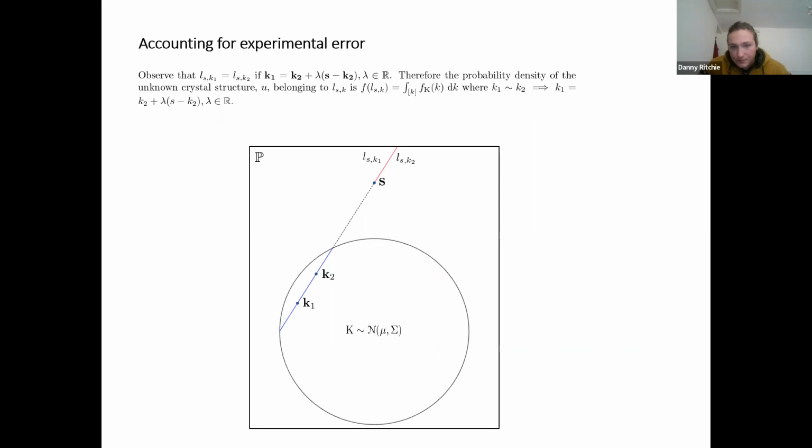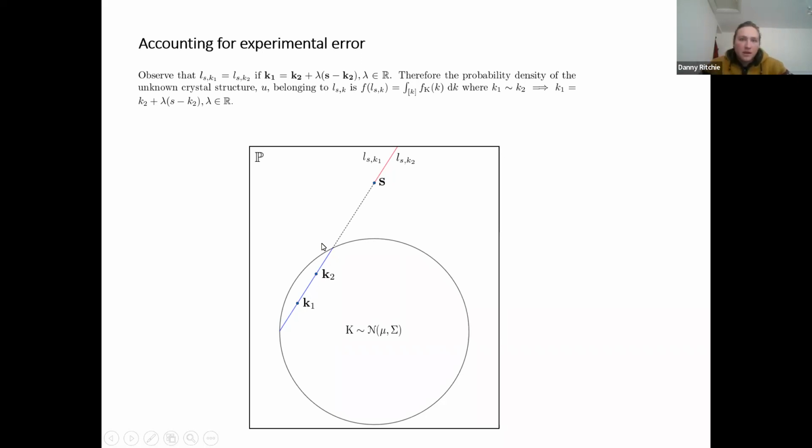However, LSK is not unique. If the average composition of known phases was K1, or if it was K2, the induced LSK is the same line segment. So to calculate the probability density that the unknown phase lies in the line segment LSK, we need to integrate the probability density over the entirety of this line.